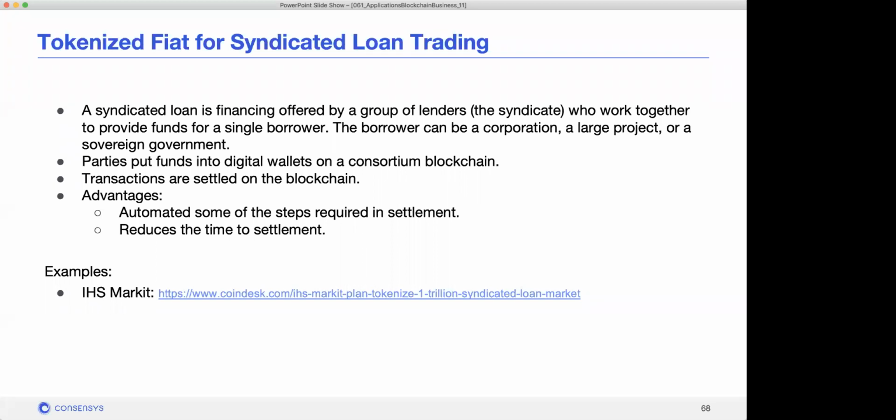So they come together in a consortium, a syndicate, and they offer the money. Doing this on the blockchain allows for automation of some of the steps in the process, which reduces costs and also reduces time to settlement. I've got an example there that you can have a look at, but essentially it's using blockchain to reduce time and cost.